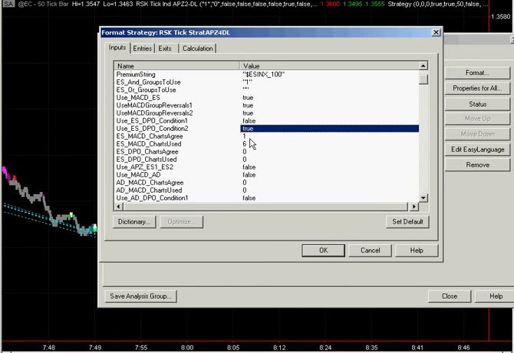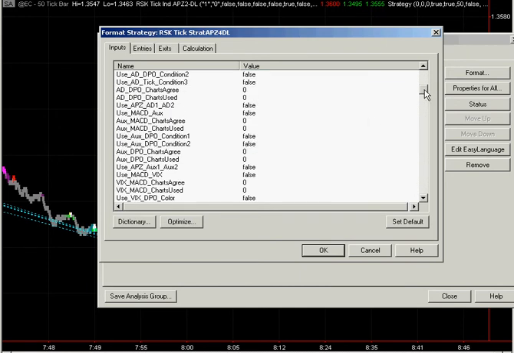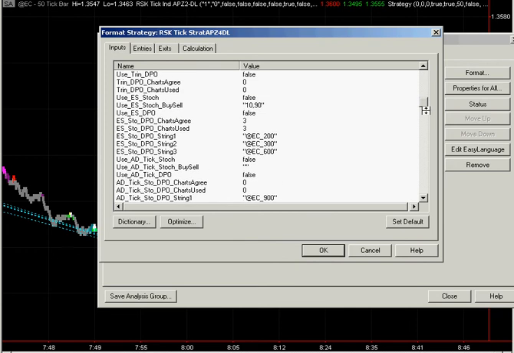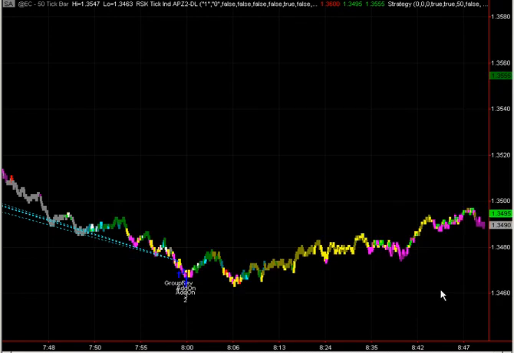Here are our settings, and we filter that through the use of 3 different stochastic zones: a 10/90 stochastic zone on the 200, 300, and 600 tick bars. And that's it. It was real simple. So, nice signals on the basis of that kind of filtering.